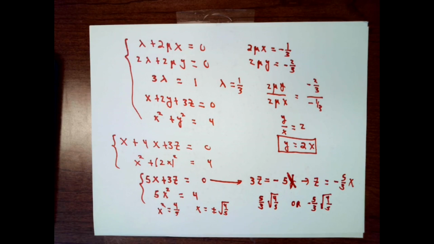Putting in the two possible x values, I find out that the candidates for the biggest and smallest z values are z equal that number and z equal that number. This is the biggest z coordinate. This gives me the highest spot. This gives me the lowest spot.